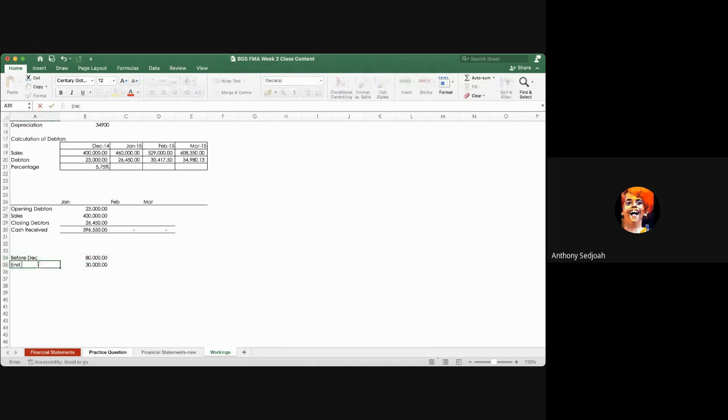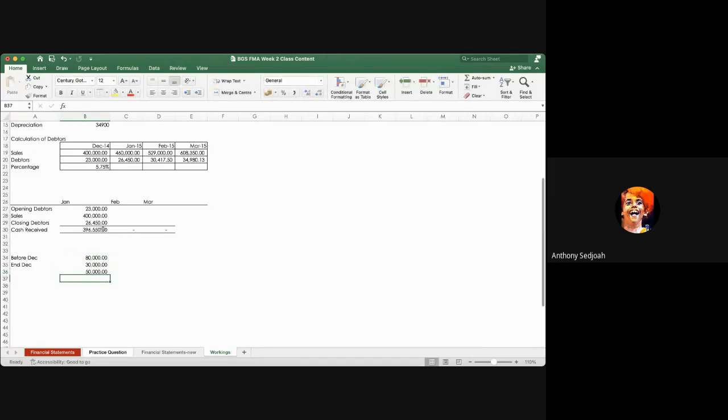And then at the end of December, that amount is now 30,000. How much money do you think we have received from the people who owed us in December? Or how much cash do you think we have received from them? 50,000, right? Yes, so that 50,000 is cash that has come in.